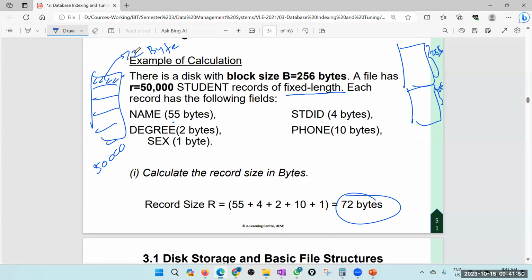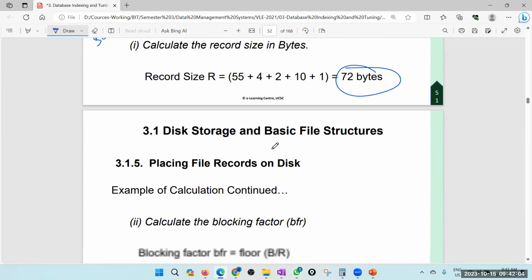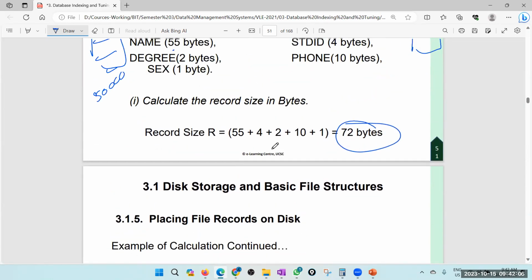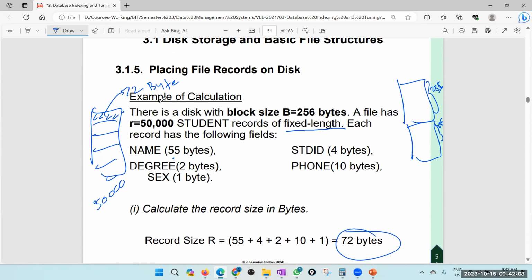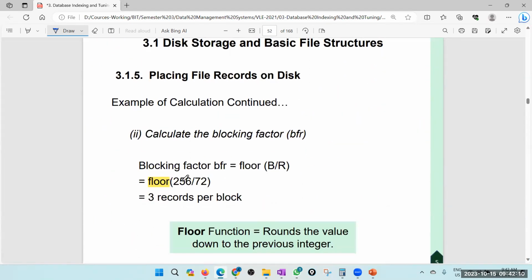If it is not perfectly divisible, you have to floor it, not ceiling it, because you can't keep part of a record. You can assume that it is unspanned. They have not mentioned it, but you can assume that. So the block factor is 256 divided by 72, and I think this one is perfectly divisible, as 3 records.